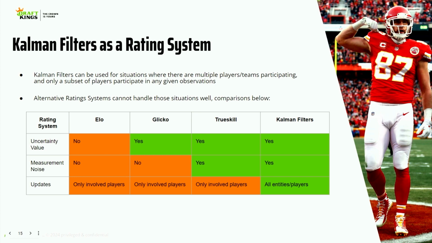For example, say you had three players, player A, player B, and player C. If player A played player B, you get an observation there, and you learn about player A and player B. Then player B plays player C, and you're still learning about player A because you have a relative rating between B and A. In all these other alternatives, it wouldn't really understand that, and once you've seen the observation, it loses that covariance. But with Kalman filters, that is not the case, and that is where they really shine.